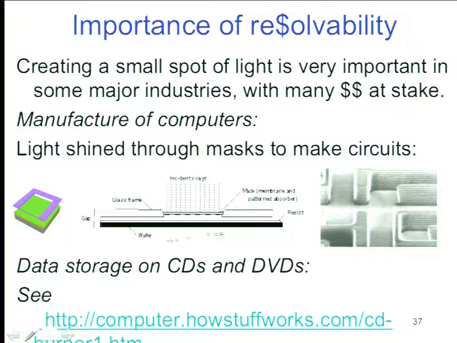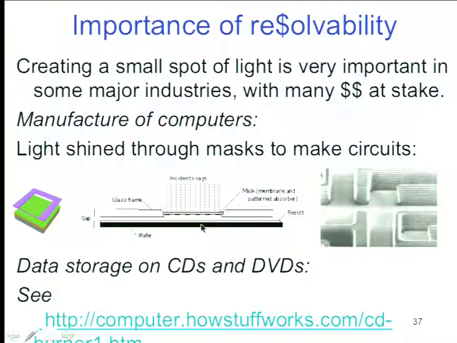And so you can maybe wash that chemical away and then embed ions and stuff like that in here, make a circuit in here. But the question is, how small a spot can you make? And because the light is diffracting out, the spot size can get too large. So they go through all kinds of gyrations to make smaller and smaller spots.